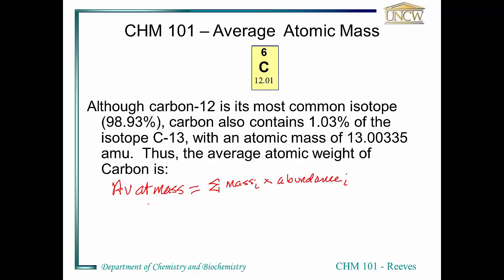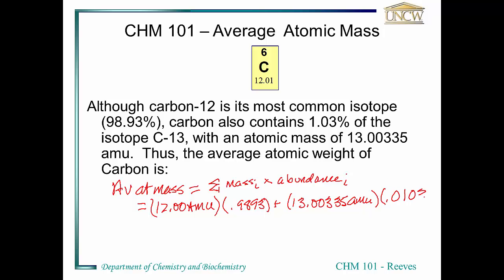So we can calculate the average as the mass, which is 12.00 AMU for isotope 12, times its abundance, which is 0.9893, plus the mass of the other isotope, which is 13.00335 AMU, times its abundance, which is going to be 0.0103.